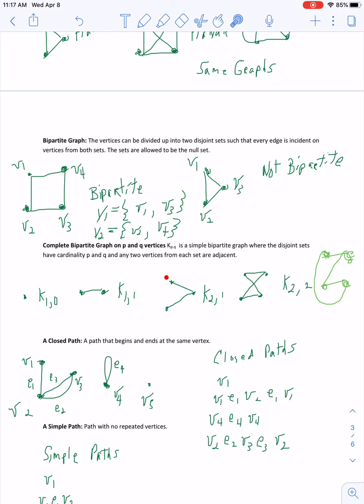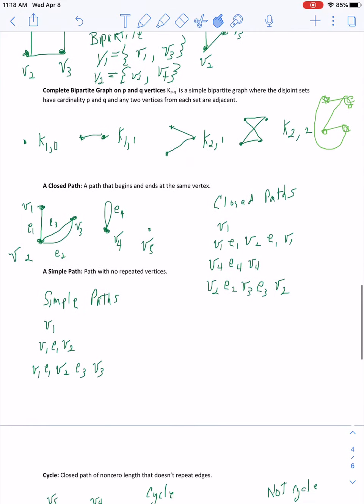Why? Because this vertex is not adjacent to that one. So a complete bipartite graph need not be complete, but it must be bipartite. It's as complete as you can get and still be bipartite. All right, so there's the concept of complete bipartite graphs on P and Q vertices.